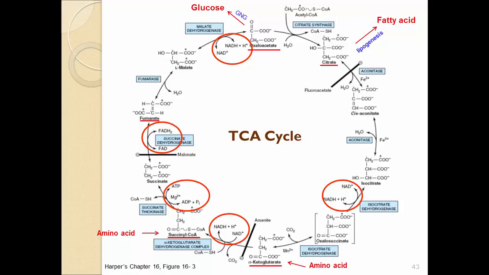And in terms of ATP production, you see that one ATP is produced directly from the TCA cycle, right? And then you can also see three NADH molecules produced per cycle of the TCA cycle, and one FADH2 molecule produced, right?